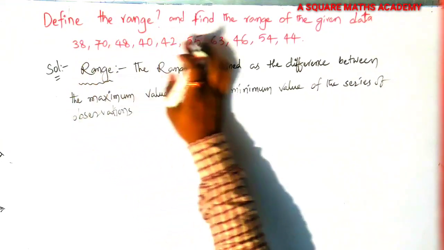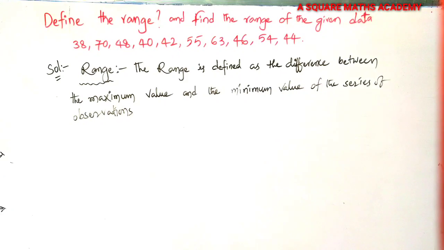So given a series of observations here, in that case we take the minimum value and maximum value. Then the difference between the two values is taken as the range.